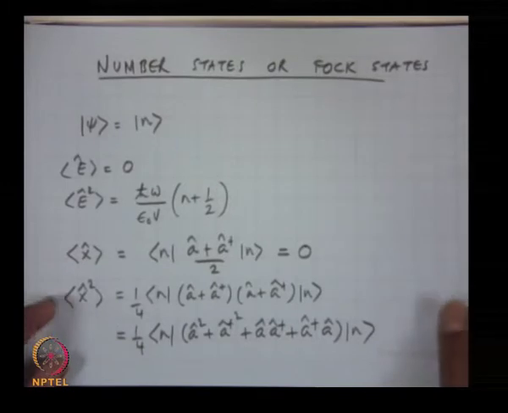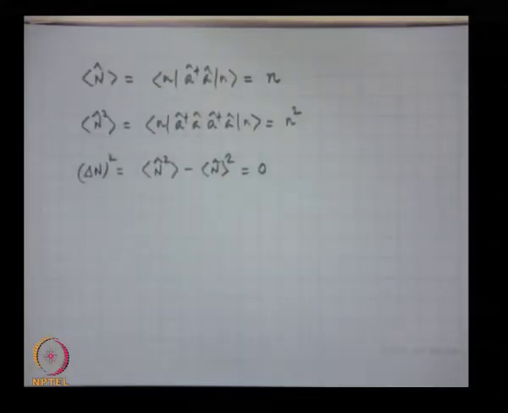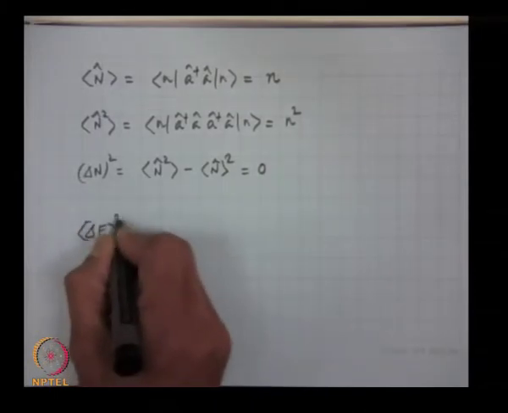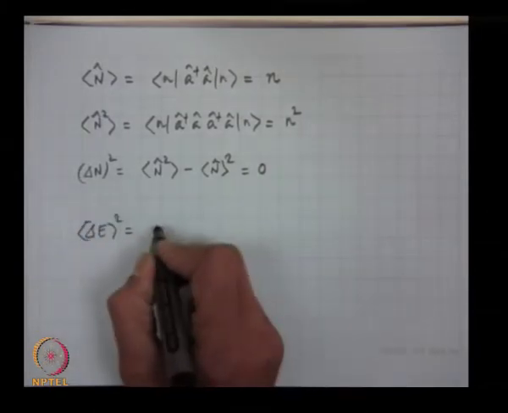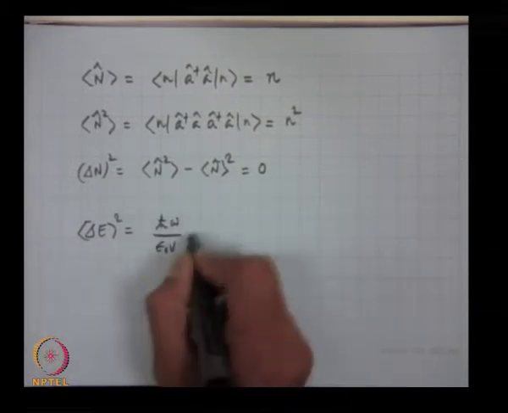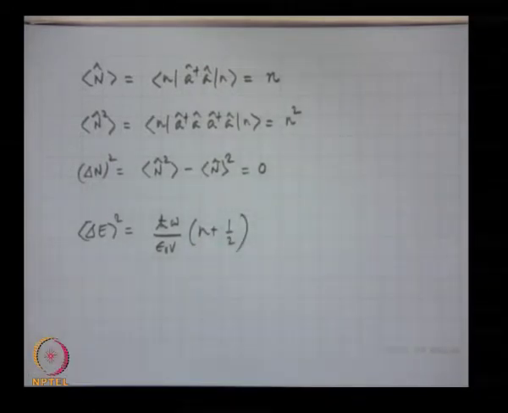There is a variation in the electric field. In fact, I can calculate the variance in the electric field. So delta E square is equal to E square average minus E average square, which is h cross omega by epsilon 0 V into n plus half. E average is 0, so delta E square is h cross omega by epsilon 0 V into n plus half.